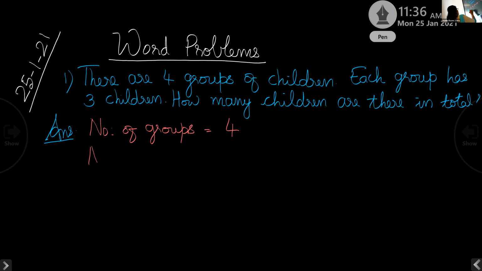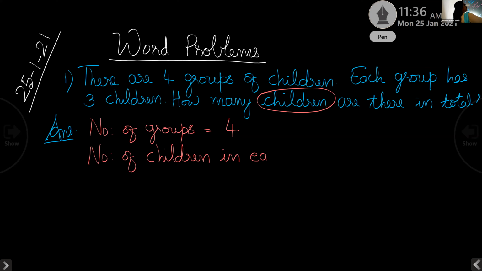Second statement, number of children. It is asked how many children are there. So the second step will be related to children. Number of children in each group is equal to?